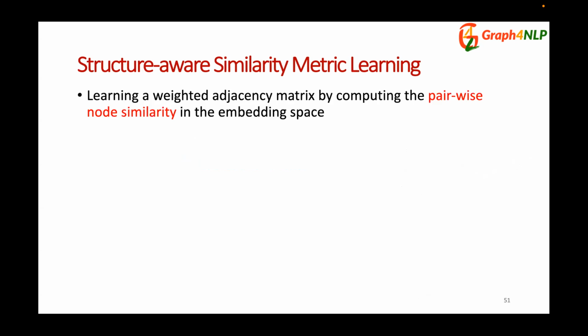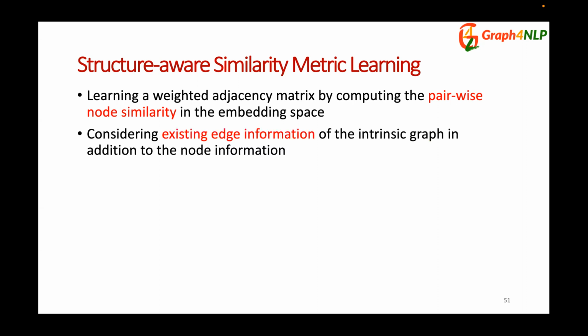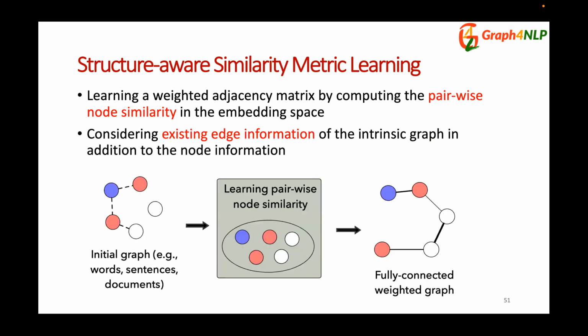Now let's talk about another type of graph similarity metric learning function, which is called structure-aware similarity metric learning. Unlike the previous node embedding-based metric learning, this approach in addition considers the existing edge information of the intrinsic graph when it's available, because in some NLP applications we do have a reliable intrinsic text graph we can utilize, and we don't want to totally discard that useful information.